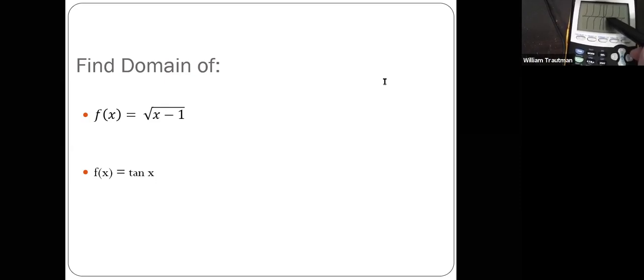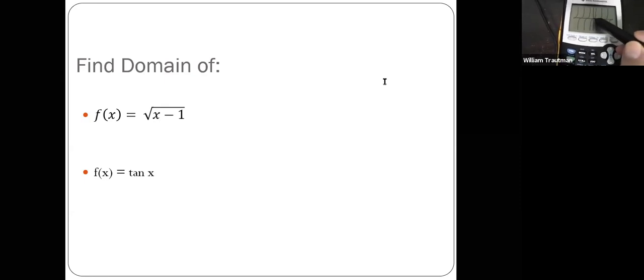At x equals 1, I'm on the graph. At x equals -1, I can find a spot on the graph. Is there any x value that I can't touch the graph? Does anybody know of any x value for tangent of x that I cannot touch the graph? No.